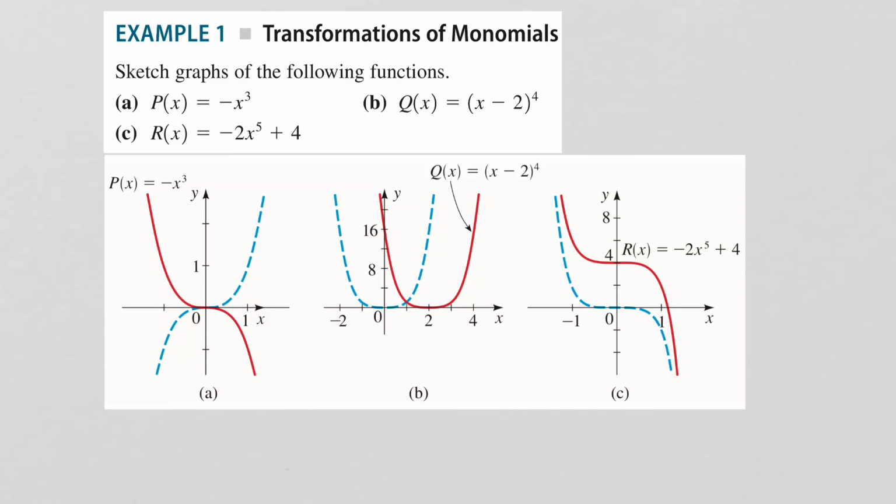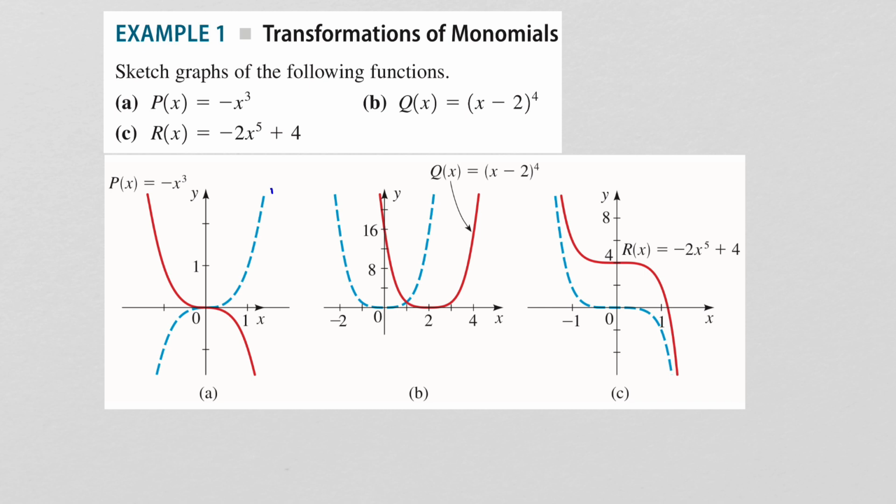First, let's talk about transformations of monomials. So given the graphs that we just looked at, how could you graph something like p of x is equal to negative x cubed? Well, you would need to remember that putting a negative in front of a function will reflect the graph over the x-axis.